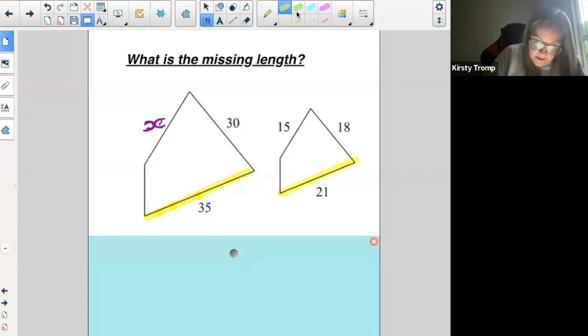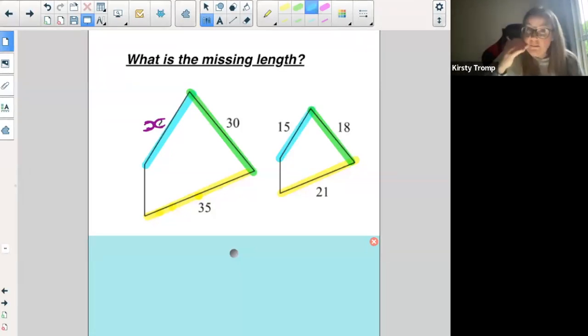My next sides I'm going to match up in green. There's the side, and there's the side. And my last two sides are the X, with this side over here.